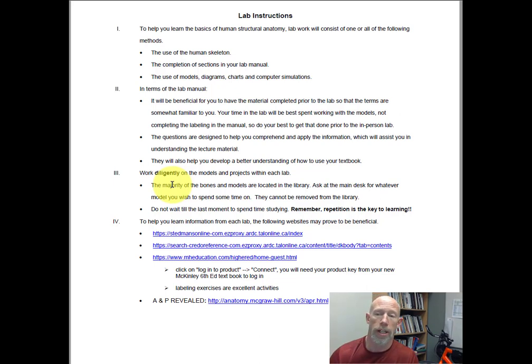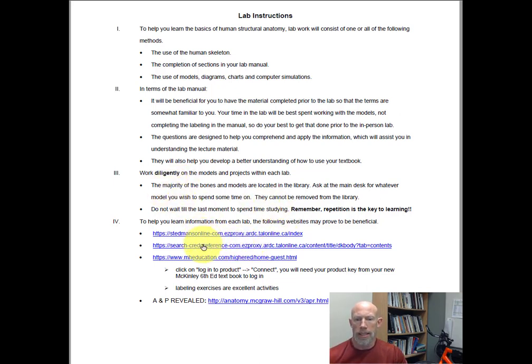I also recommend that you try to connect with a few other students in your class and work together to learn and to teach each other, as that's going to be a way more effective way of learning the material than just sitting there and trying to memorize it all by yourself. When you're teaching somebody else, that helps to reinforce the material a lot stronger. So that's just one of my suggestions.